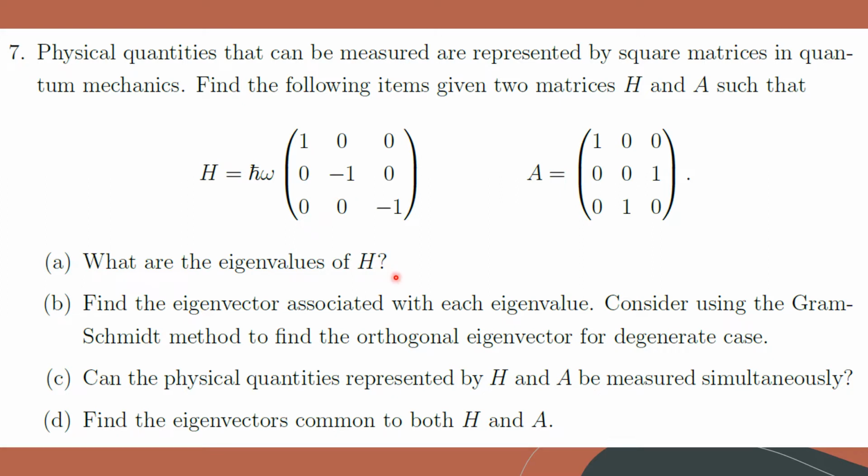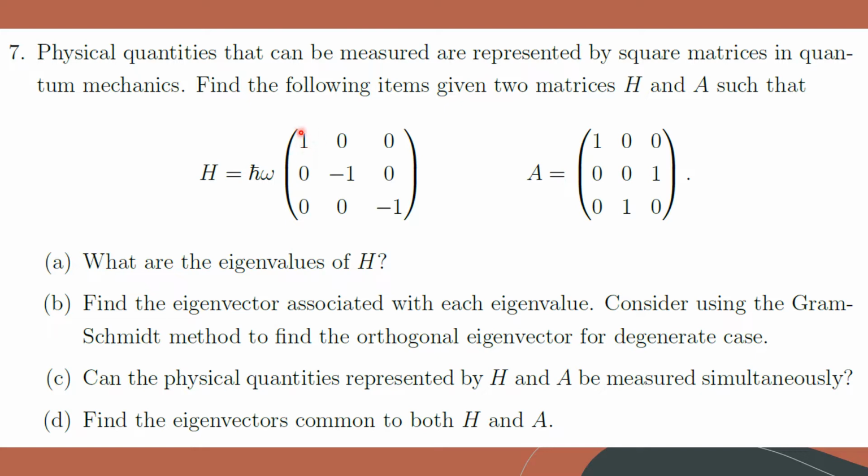So we have done number 7a and we will go to 7b now. Here you want to find the eigenvector associated with each eigenvalue. You will use the usual method, the way you find the eigenvector in a normal non-degenerate case, the same approach that you learned in matrices.